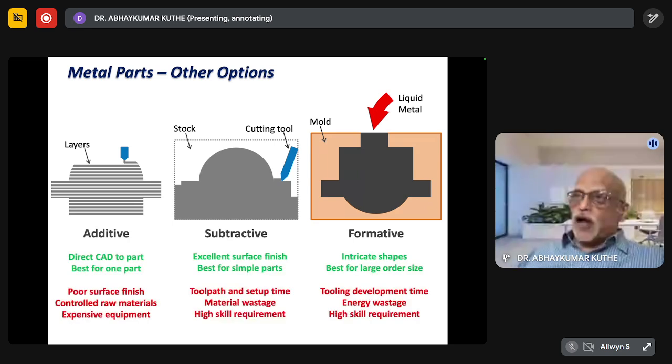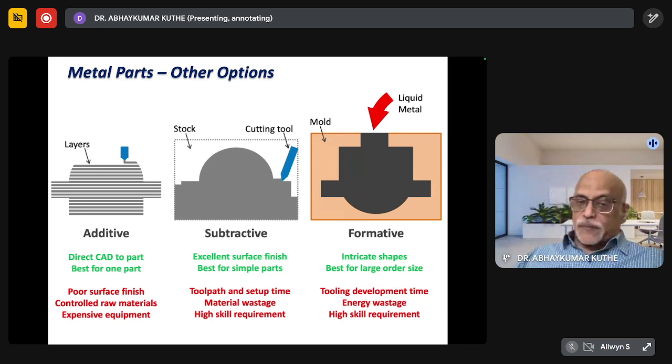So what are the problems and challenges in every one of these processes? In additive, it is mentioned that direct CAD to part is best for one part, if at all. But if you want to go for more and more parts, poor surface finish is one of the problems. There are controlled raw materials, and the equipment is very expensive.